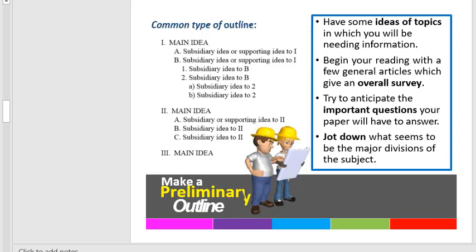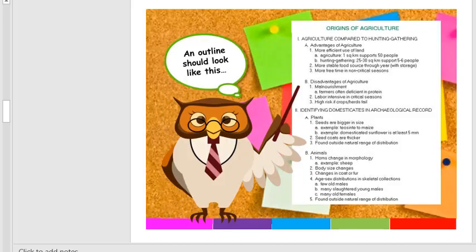Try to anticipate the important questions your paper will have to answer. And the fourth one is to jot down what seems to be the major divisions of the subject. You can read all of this from the slides in the video, so you have a good idea how to make a preliminary outline for your research paper.